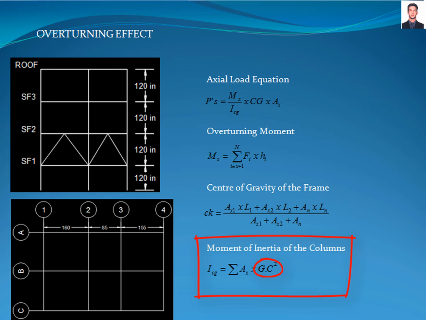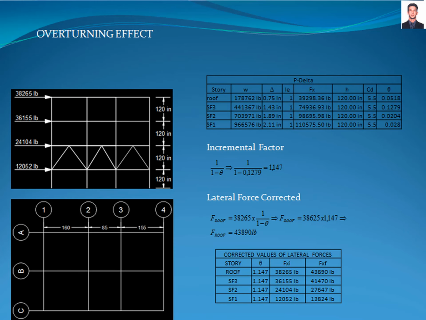In this example, we are going to simulate that the stability coefficient in structural floor 3 is over 0.1 and make the corrections on the lateral forces to include it in the calculation of the overturning moment of the building.